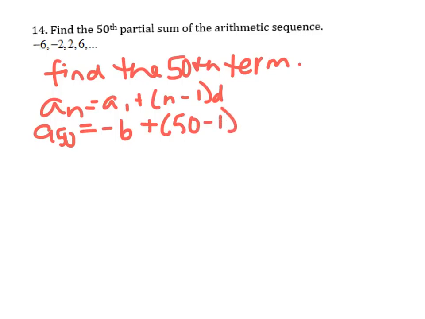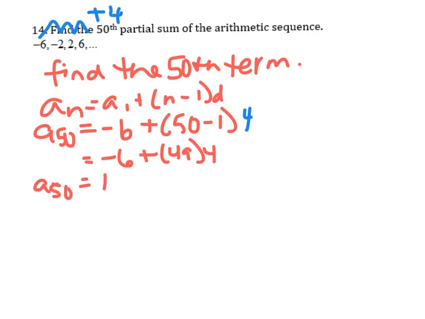So my 50th term is my first term plus 50 terms minus 1 times the difference. And my difference, if I go up here, I'm adding 4 every time. So my difference is 4. When I do that, I get negative 6 plus 49 times 4. That's going to give me that my last term is 190. So this is my last term.